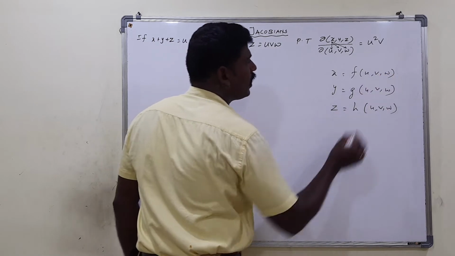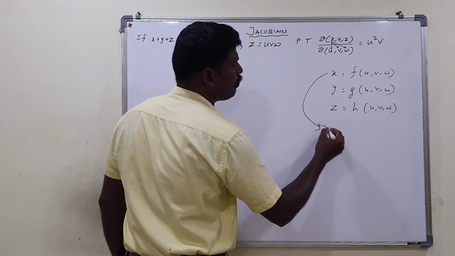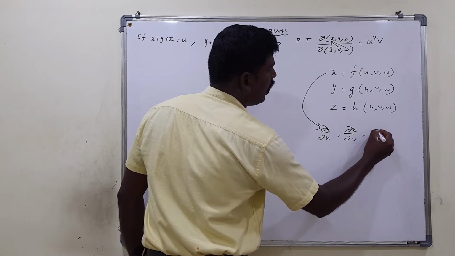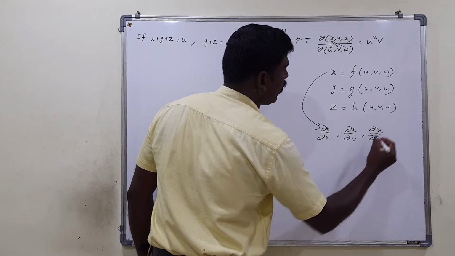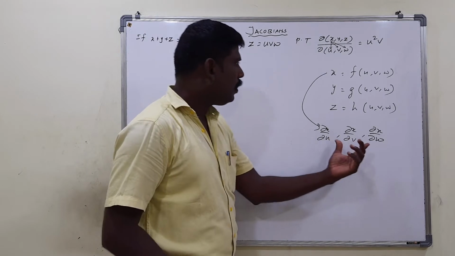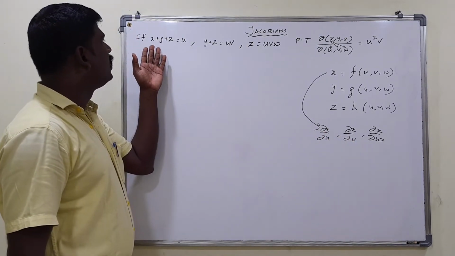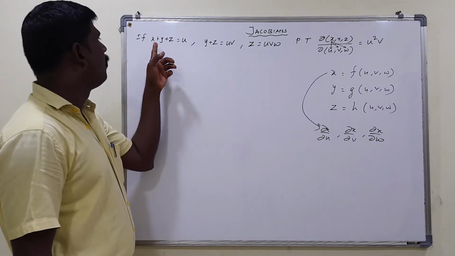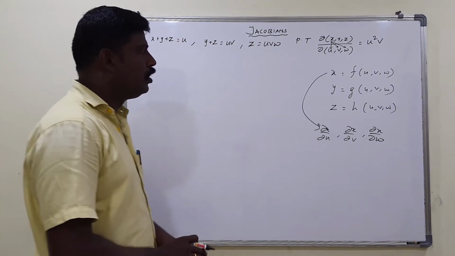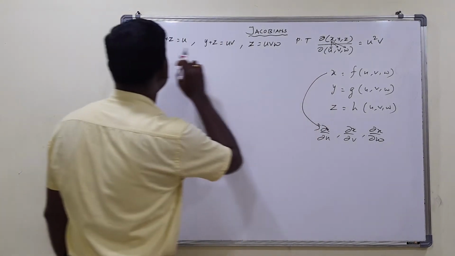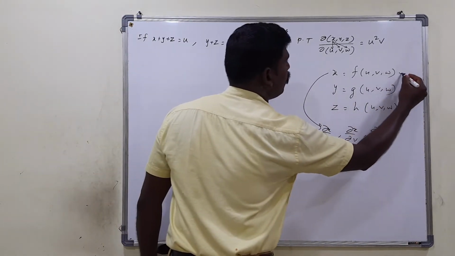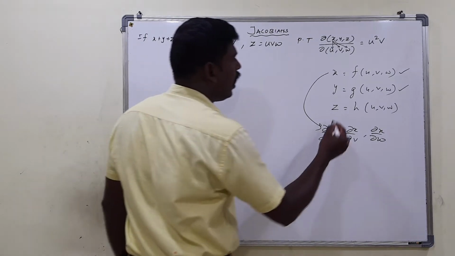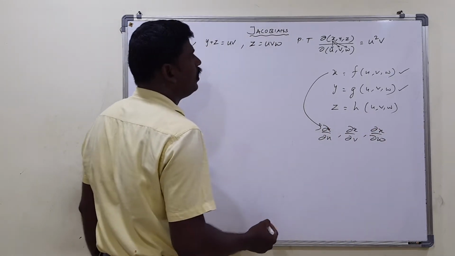Then only we can find the partial derivatives of x with respect to u, v and w. But here x is not in the form of f(u,v,w). It is a combination of y, z and u. So first we have to change x into the form of f(u,v,w), and similarly y into g(u,v,w) and z into h(u,v,w).